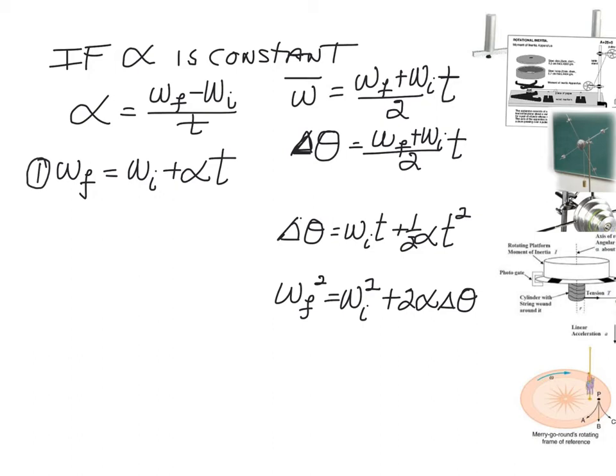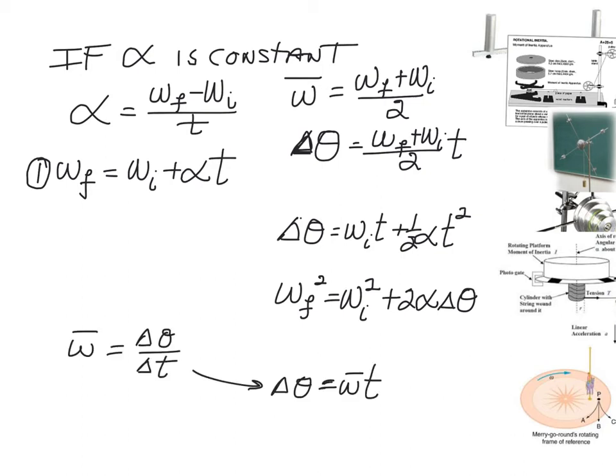Then if we take, with a constant alpha, we can write that omega average is the final plus the initial divided by 2. That gives us the average. Whoops, the t shouldn't have been there. And then we take the equation, let me just write that. So stepping back to our definition of the average angular speed and relating it to this.